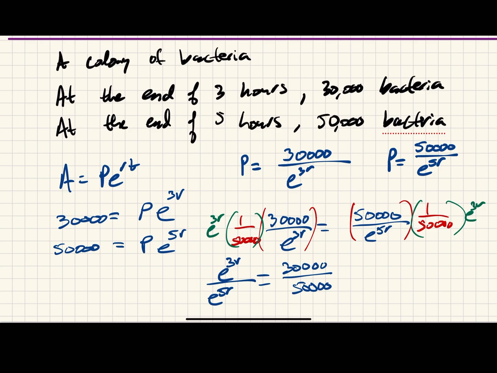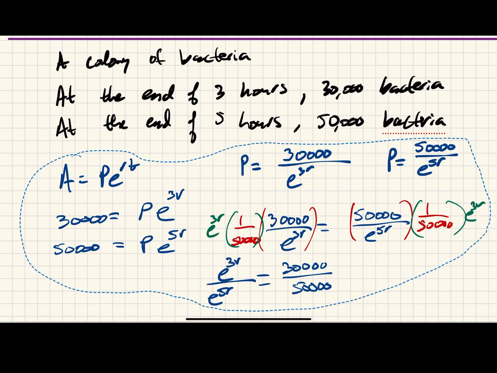Now, e to the 3r over e to the 5r, I'm dividing with like bases, right? So I would subtract exponents, so wouldn't that leave me with e to the minus 2r? So I'll squish this down.